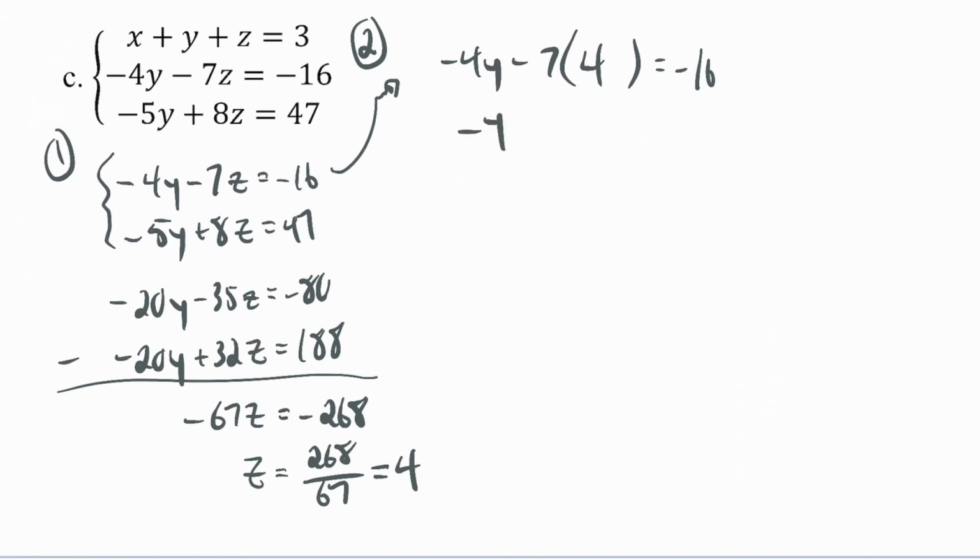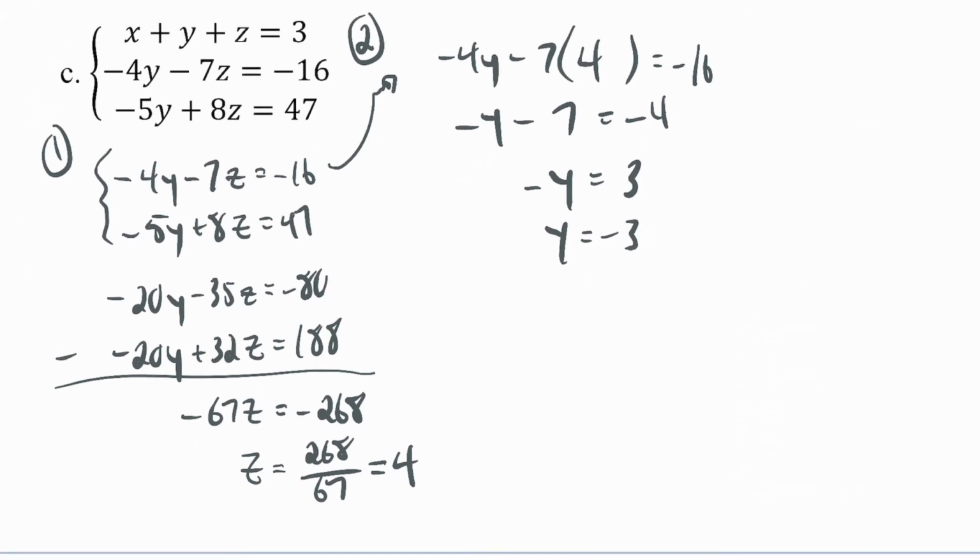I'll just divide by 4 everywhere. So negative y minus 7 equals negative 4, right? Yeah, so I'll add 7 to both sides, so negative y equals 3. Make that a nice neat y. Negative y equals 3. And then I'll negate both sides. y equals negative 3. Okay. So now I need a number for x.